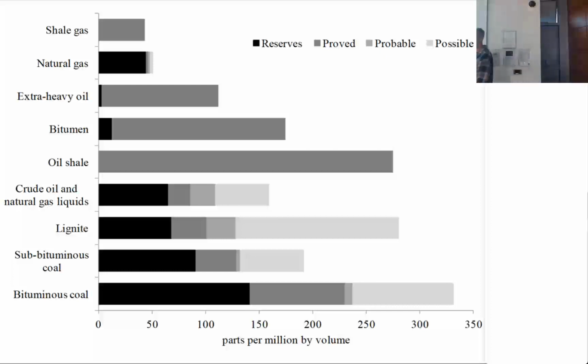Now, here comes the story of this data being 10 years old. USGS, please get your act together and update the numbers. The market has seen a lot of development in shale gas, as you may have noticed, and there's been a lot of development in oil shale as well as in the extra heavy oils.